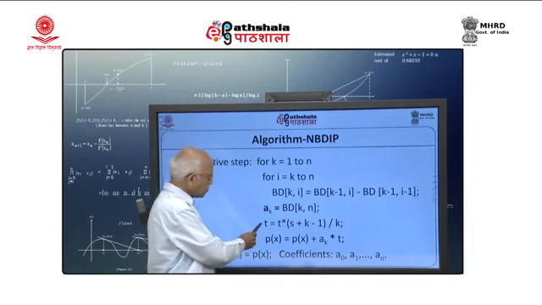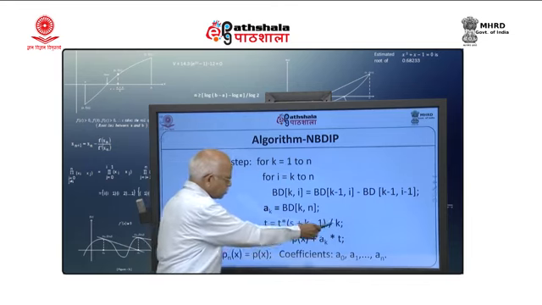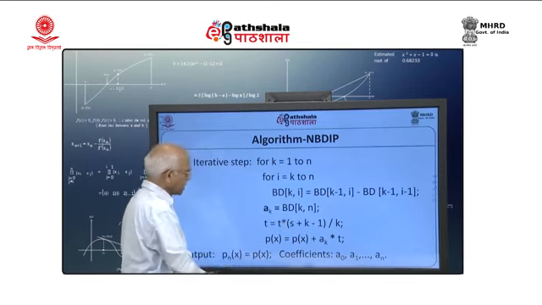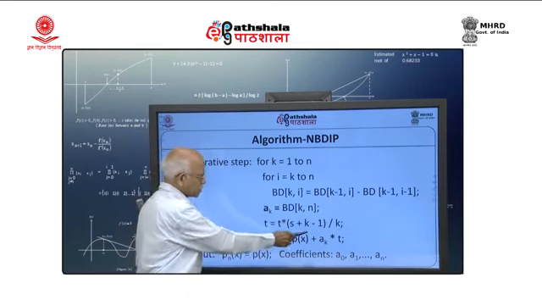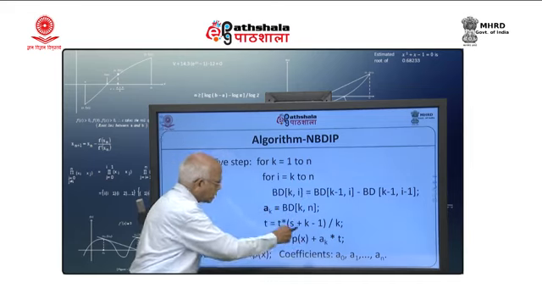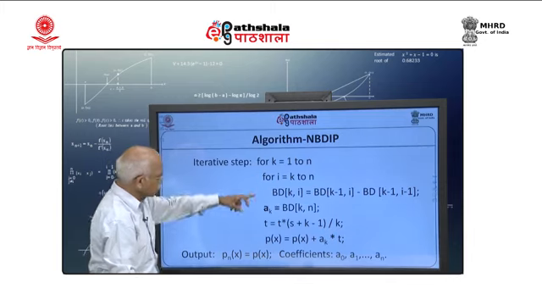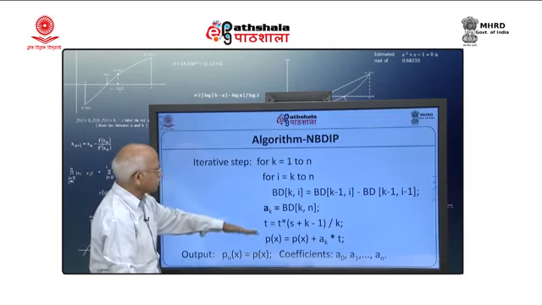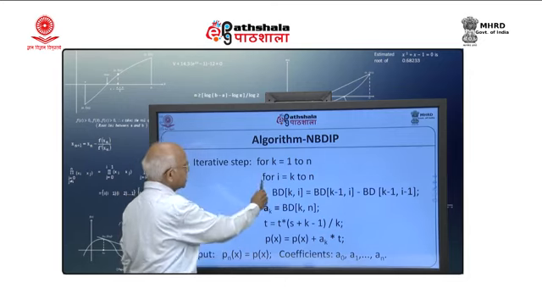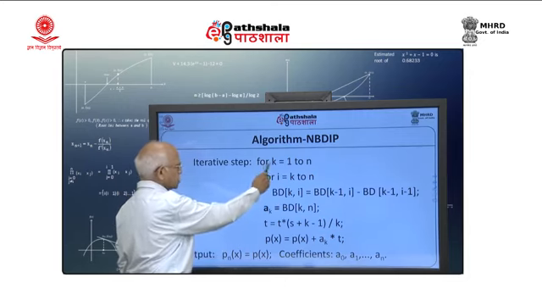So, therefore, term will be taken like this, and you divide by k, because k factorial is anyway required in the denominator, and then p x will be equal to p x plus a k star t. So, term by term we are adding, and when this for loop is over, automatically everything will be computed. So, earlier, this will be done here, and then we are considering this for loop.